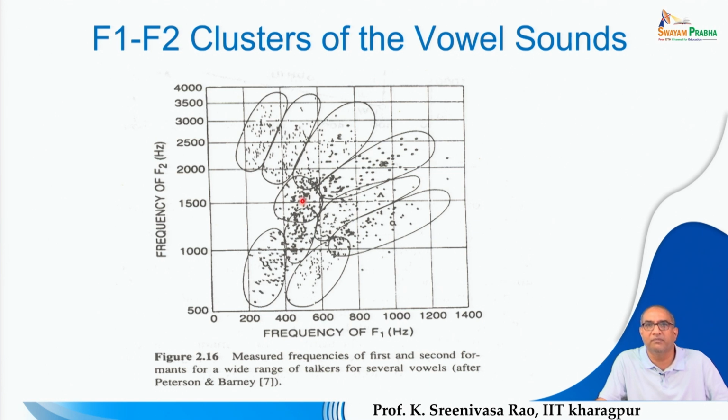Instead of this, if you take a centroid of each ellipse, that is a reference point with which a machine can identify which vowel a given speech signal belongs to.